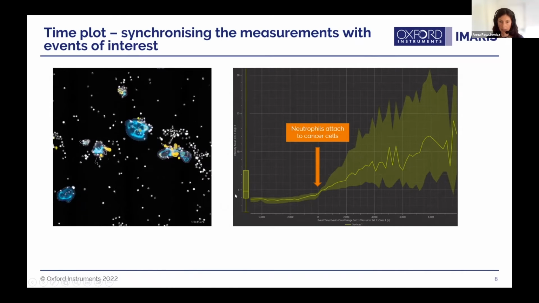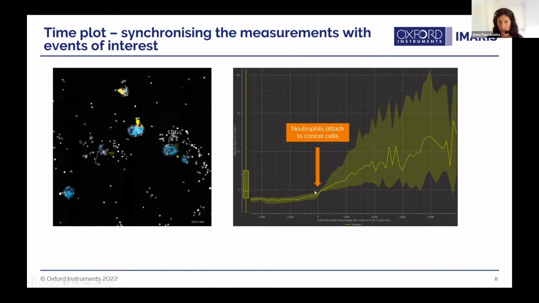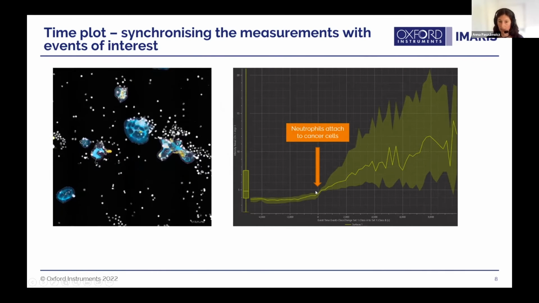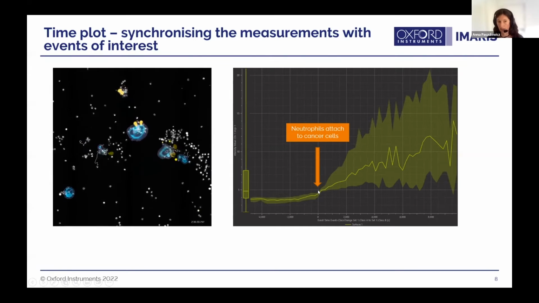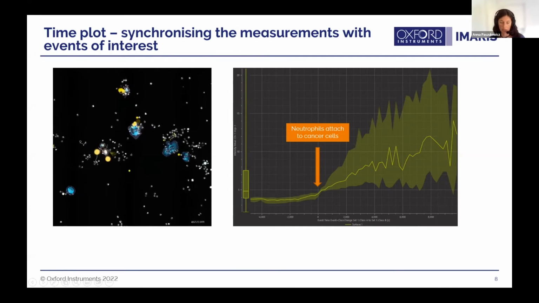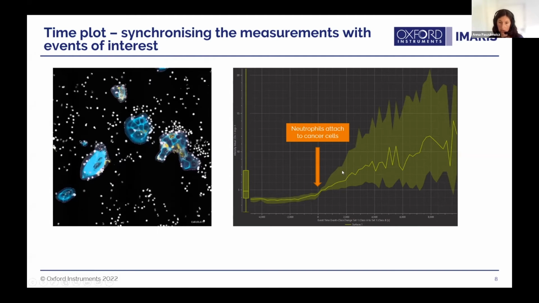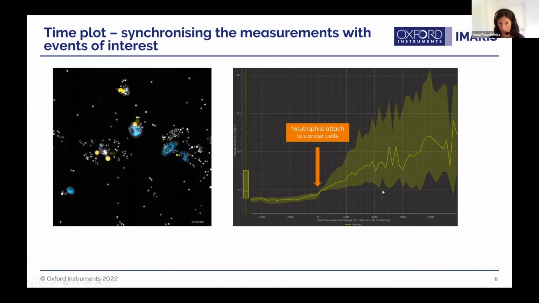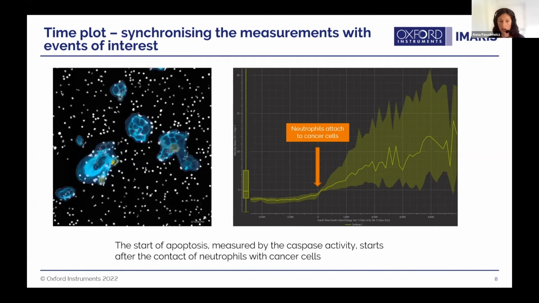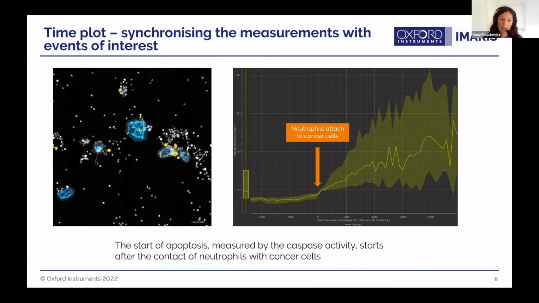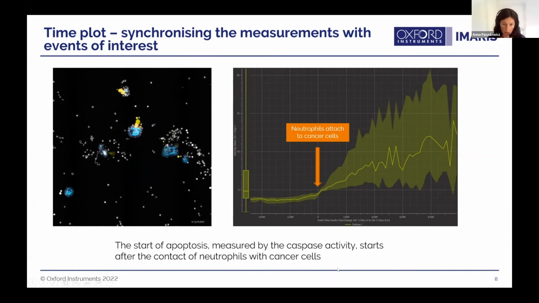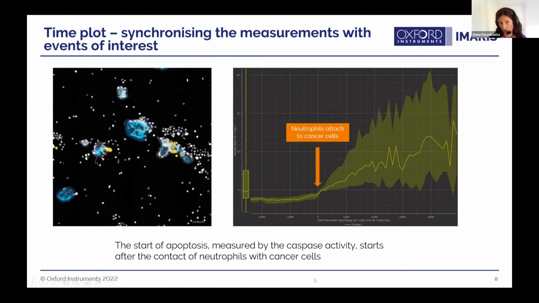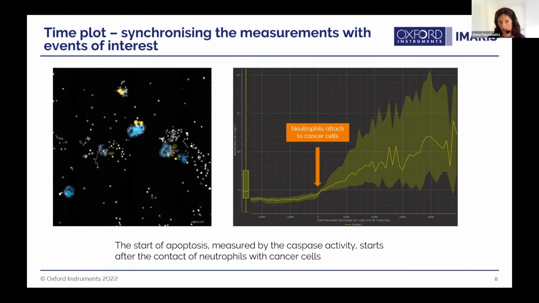And on the y-axis, you can see the intensity of caspase plotted against time, but still the 0 time point means the moment when the neutrophils attach to the cancer cells. So you can clearly see that the caspase activity grows dramatically after the attachment of neutrophils, which can already lead to the conclusion that the apoptosis measured by the caspase-7 activity here starts after the contact of neutrophils with the cancer cells.